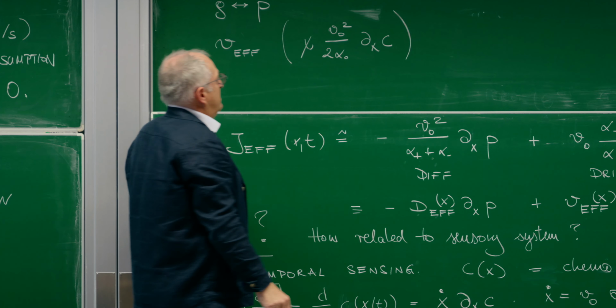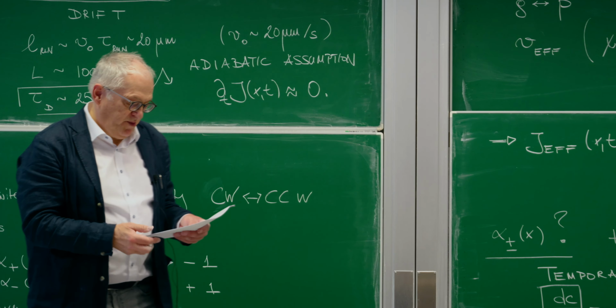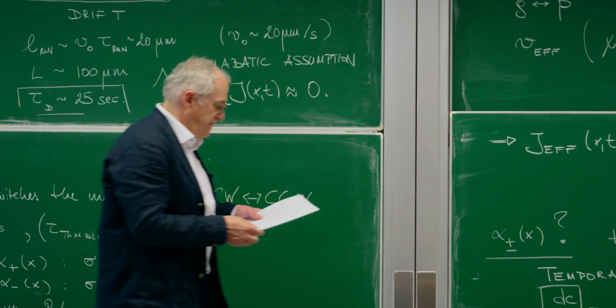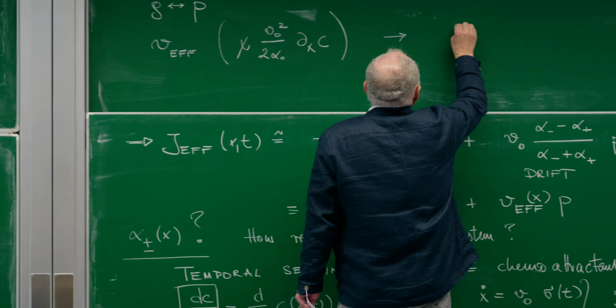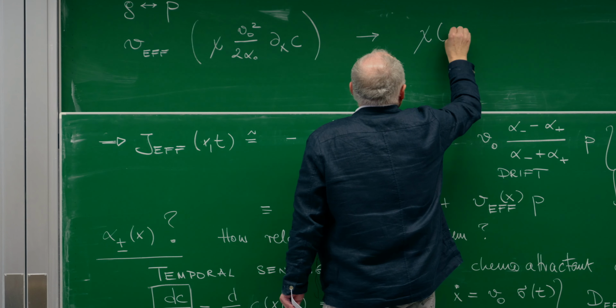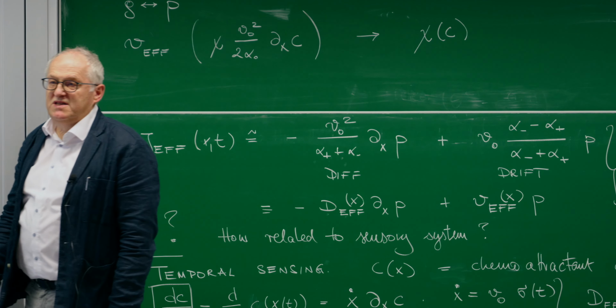Okay? That was our result that we had, deriving it from this spontaneous switching model. So let's generalize that now. Let's say this chi is not just a constant. It may be a function of the concentration itself.